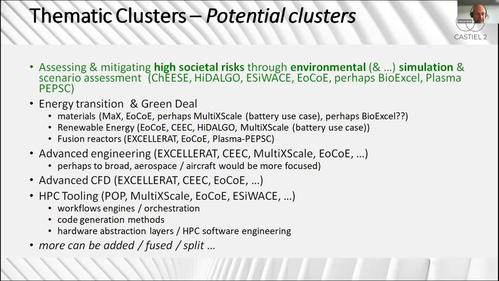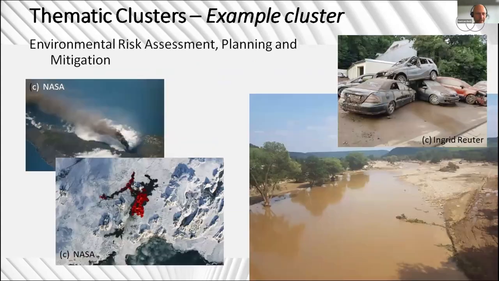We have a couple of COEs working in this area, and also, as we have seen today, some NCCs who already have use cases there, so the idea was to start with this. Here are some examples of risks, like droughts and storms.